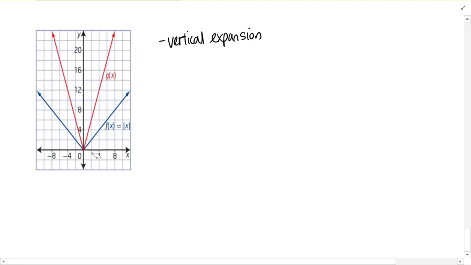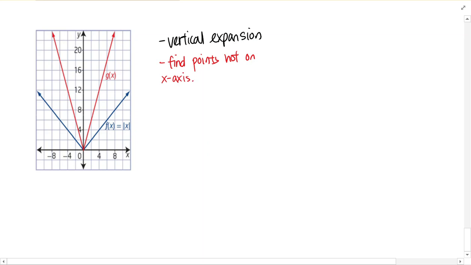That's not going to tell you anything. So you have to find a point. Let me write that down: find points not on the axes, the x-axis in this case.